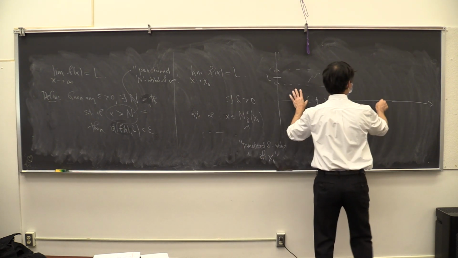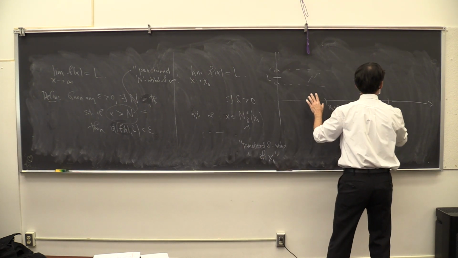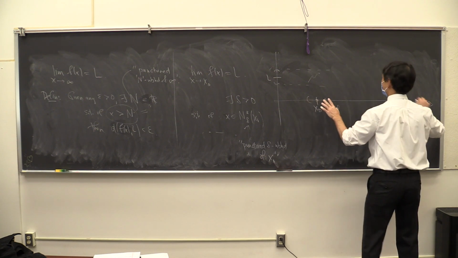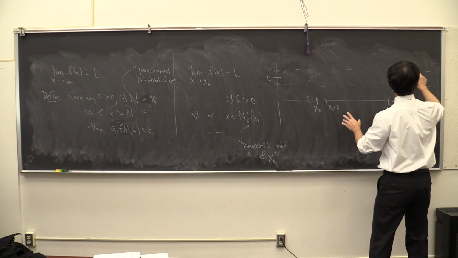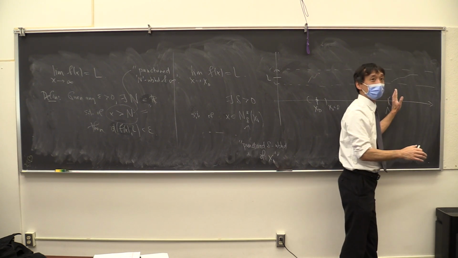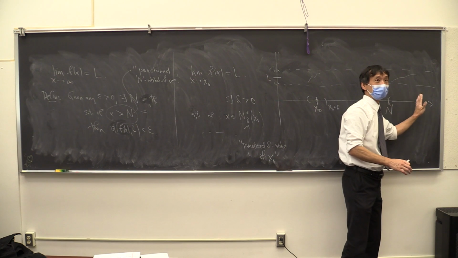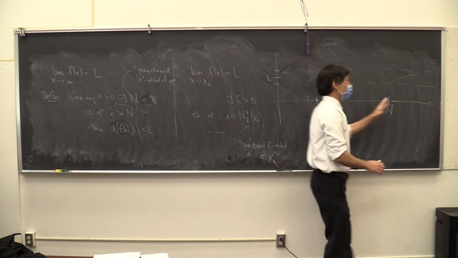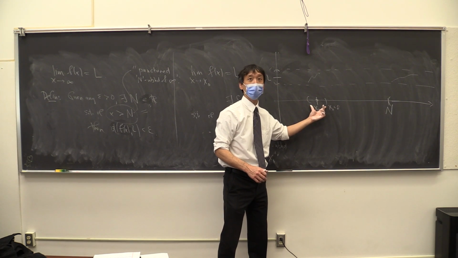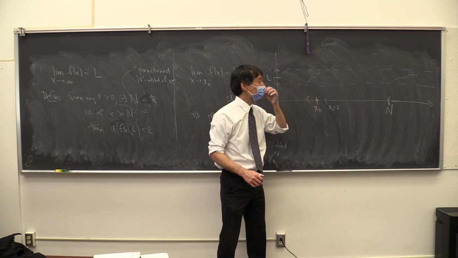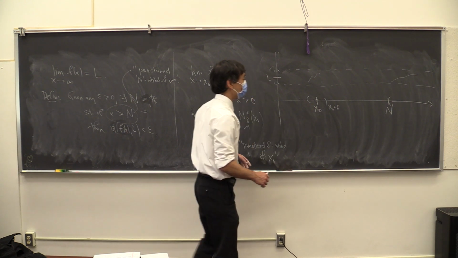For infinity, it's like this. There's an n past which all of your values lie inside here. So you want to think of this as your neighborhood of infinity. Entirely analogous to the neighborhood of x naught.